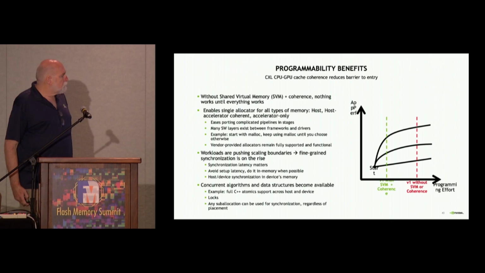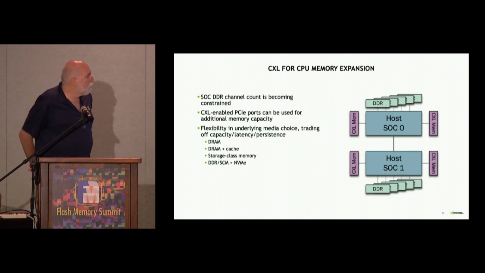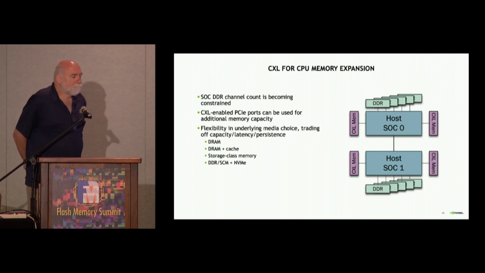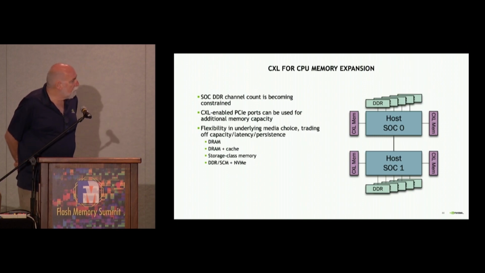How do you get there? Well, CXL is a good way. So what do you want for CPUs? One of the problems you've got with CPUs is the DDR channel is constrained.